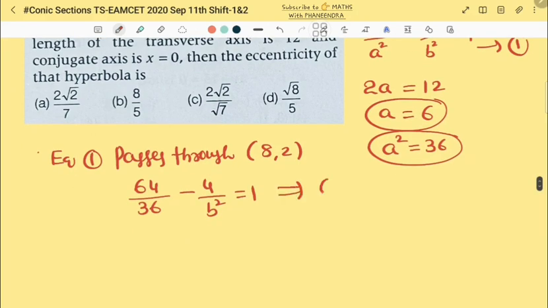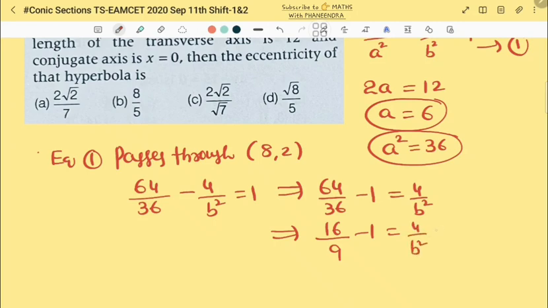So that implies 64 by 36 minus 1 is equal to 4 by b square. 64 and 36, 4 nines are 36, 4 sixteens are 64. So 16 by 9 minus 1 is equal to 4 by b square. That implies 4 by b square is equal to 7 by 9.